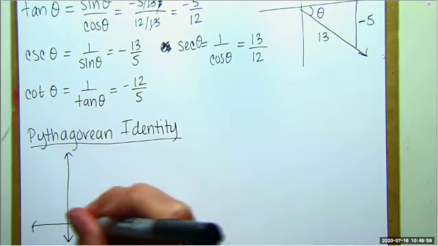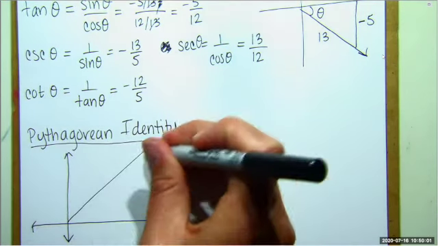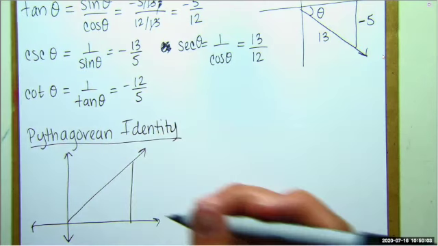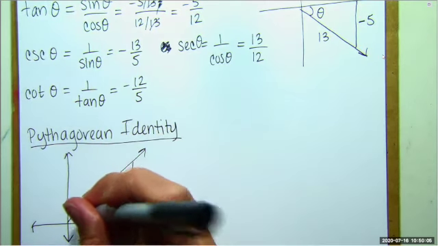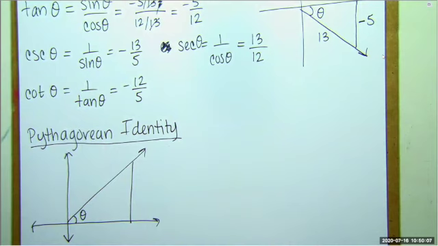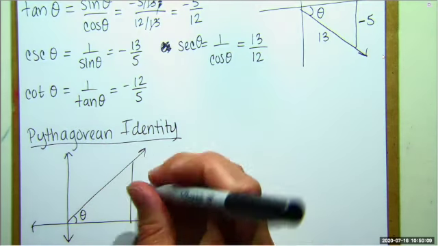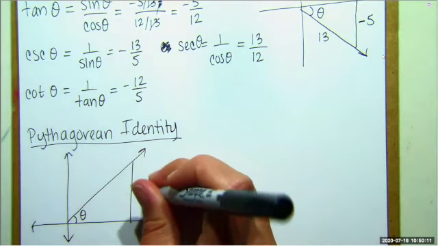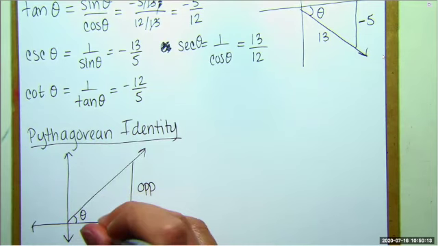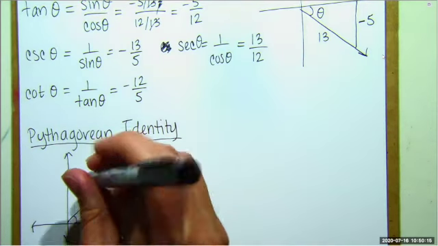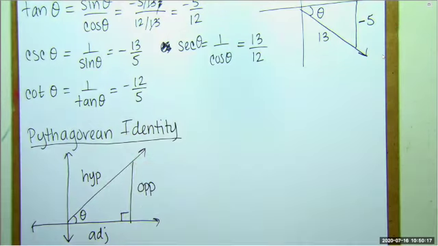So what I'm going to do is take a look at a generic triangle. Here's a generic triangle. The side across from our reference angle is called the opposite. The side next to it is called the adjacent. And of course, the side across from our 90-degree angle is called the hypotenuse.